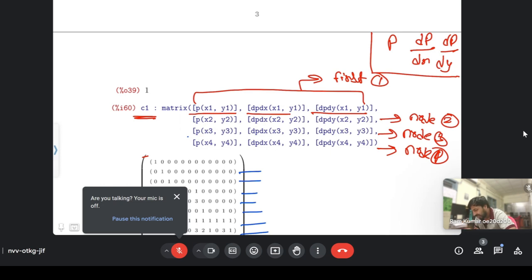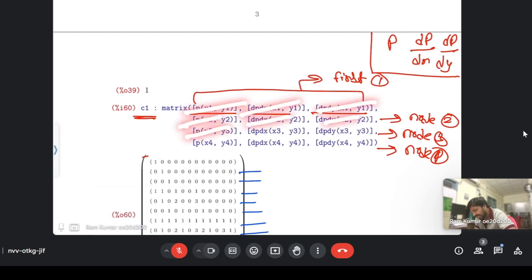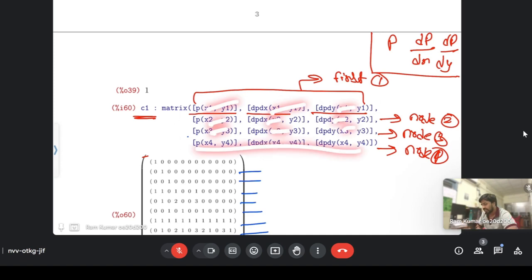So how many elements does it have in total? 1, 2, 3, 4, 5, 6, 7, 8, 9, 10, 11, 12. Yes, it has a total of 12 elements. Why 12? Because from the start we have 12 elements of our displacement function. That is fine.